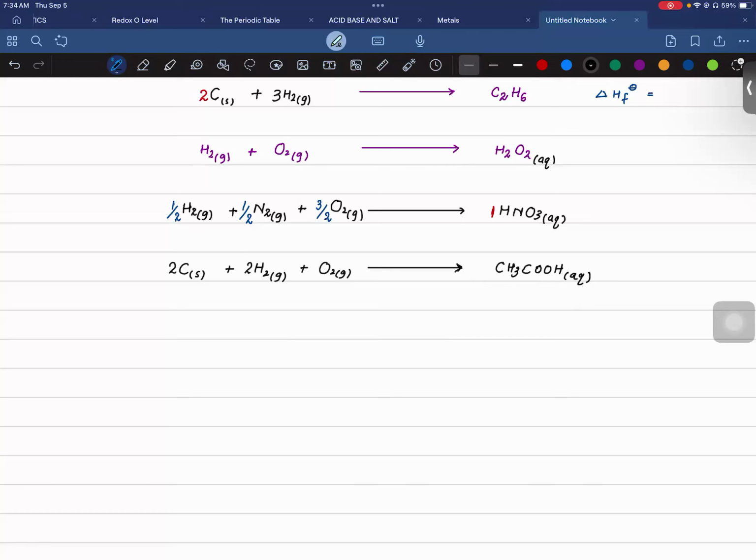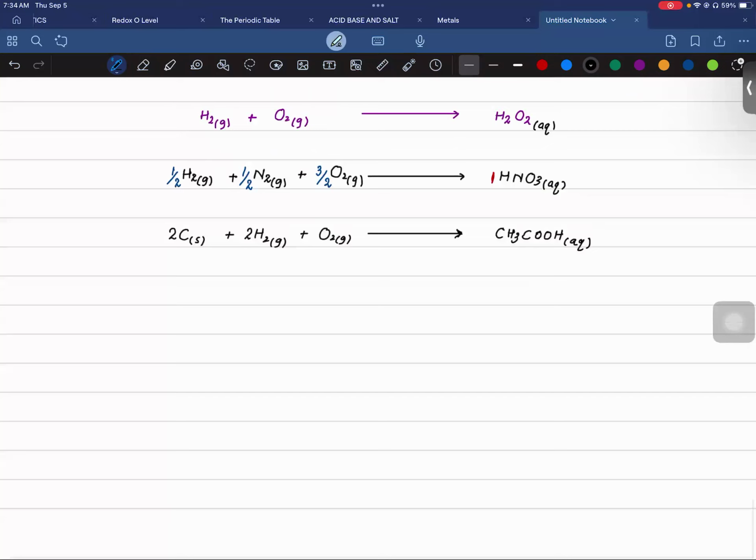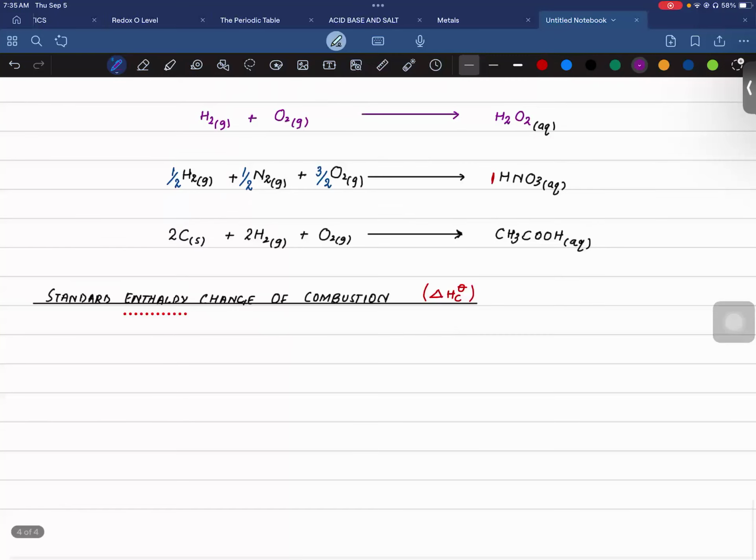Then we have the next process that is called standard enthalpy change of combustion. Let me tell you the definition.